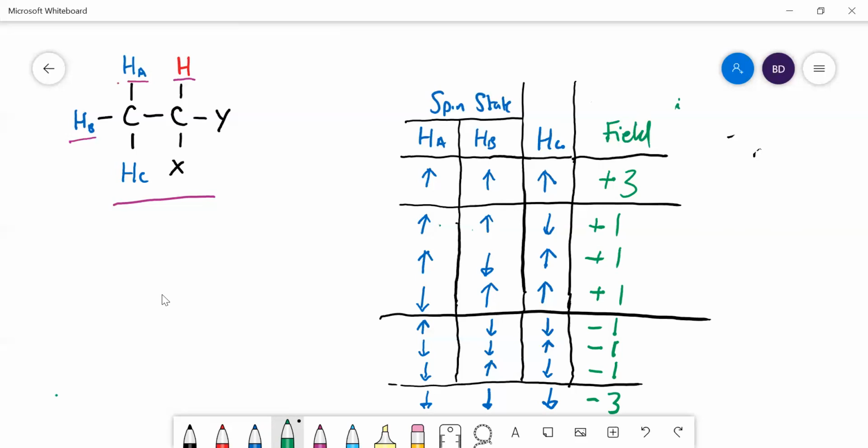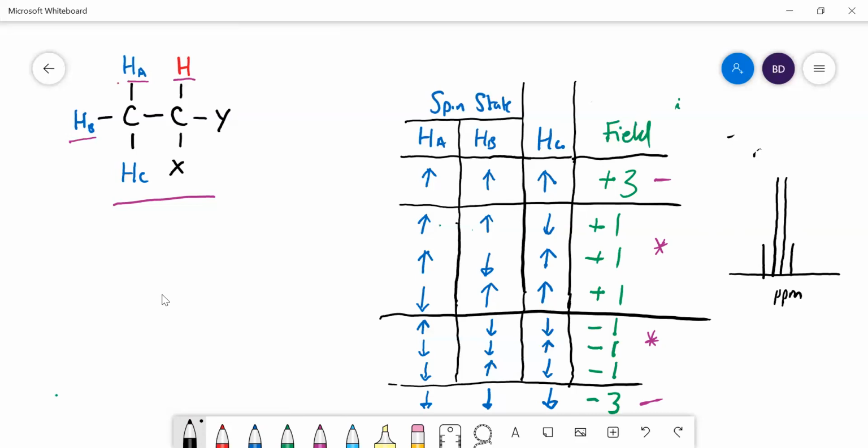Right, what can we say about the height of the peaks? This one is going to be 3 times as big, and this one's going to be 3 times as big as that one and that one. So if we look at the spectrum, here's our ppm scale here, we're going to have these two middle ones. Those two middle ones are going to be 3 times as high as the ones either side of it.